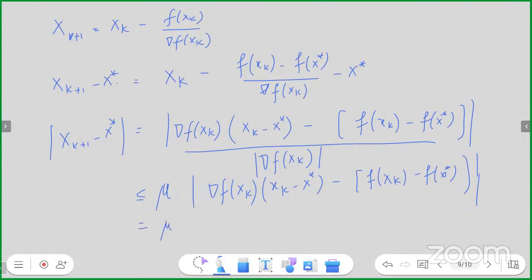So mu times x star minus xk, integral 0 to 1 of f prime of xk plus lambda times x star minus xk, minus f prime of xk.